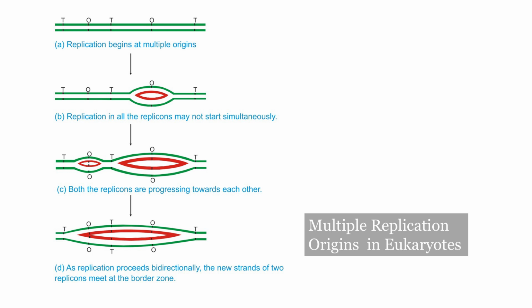Now, from one point replication starts and proceeds bidirectionally. Similarly, at the other replicon it can. So, likewise thousands and thousands of replication units, or replicons, are there in eukaryotes to help the long DNA molecules to be replicated in a very short time.